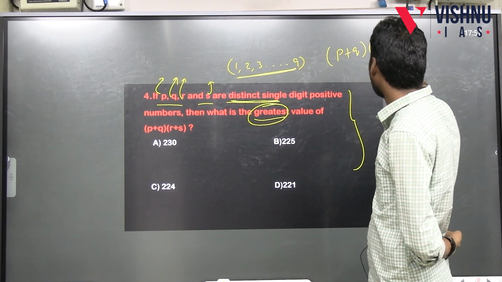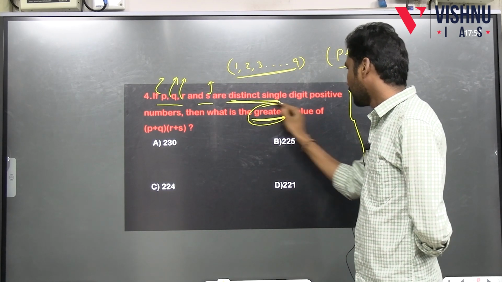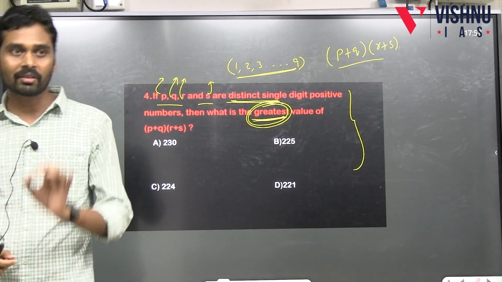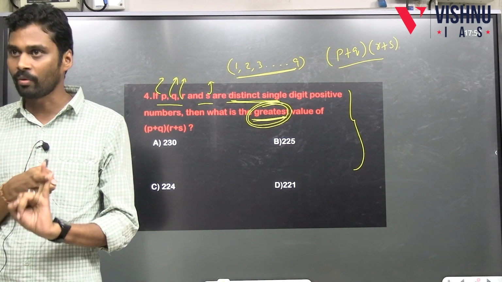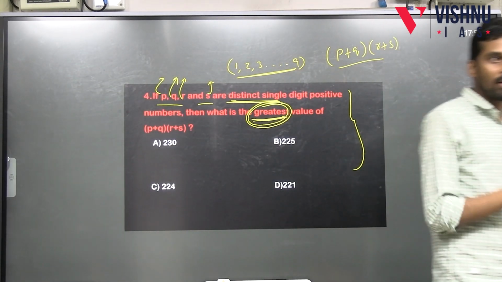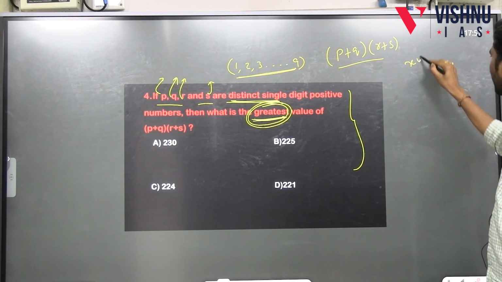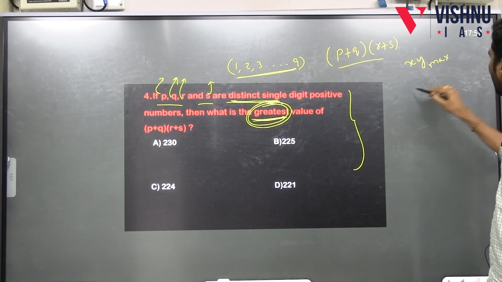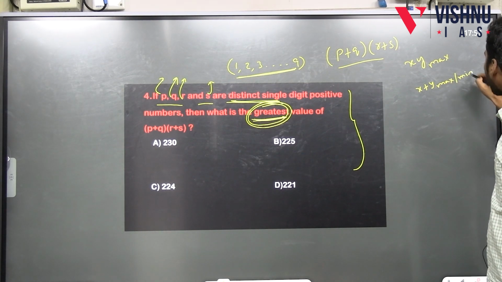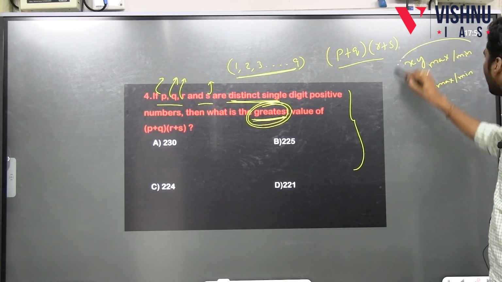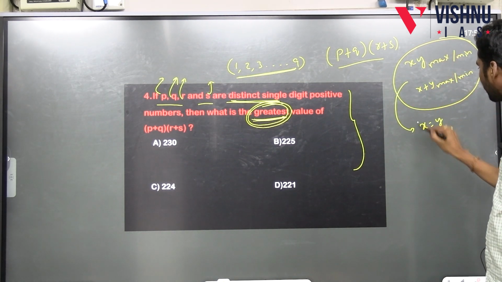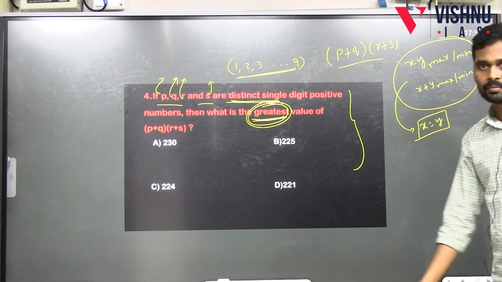So you remember one thing, the concept of greatest value. Whenever you are finding the greatest or the smallest, the maximum or minimum, for a product of 2 variables or a sum of 2 values, like when xy is maximum or x plus y is maximum or minimum, the first condition is that both the values must be the same.